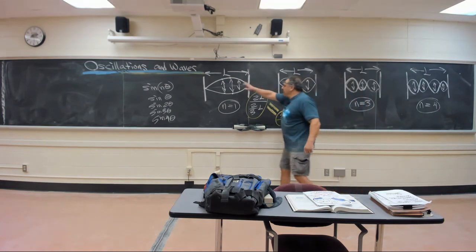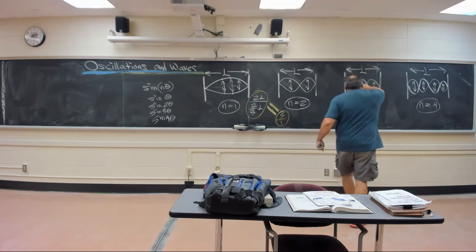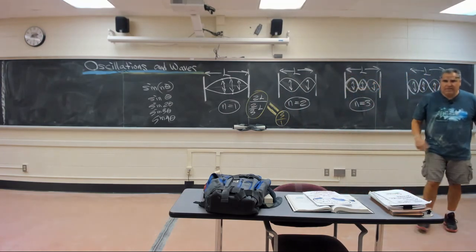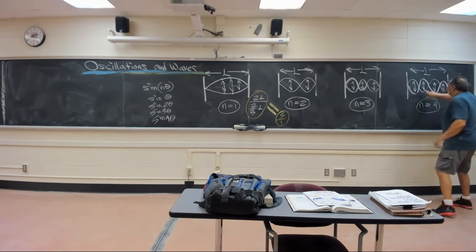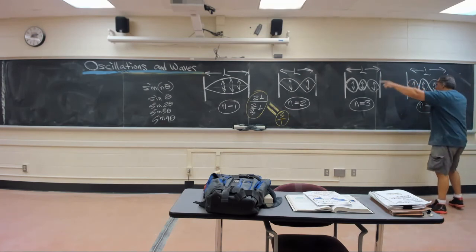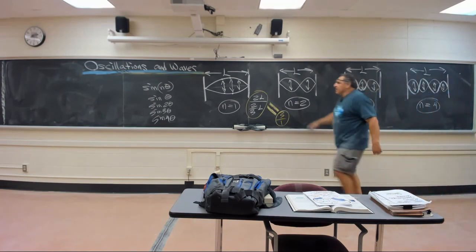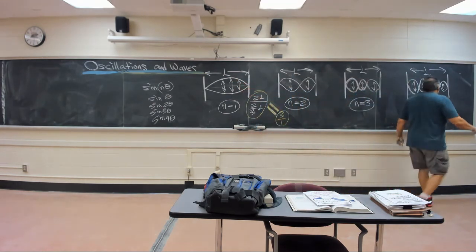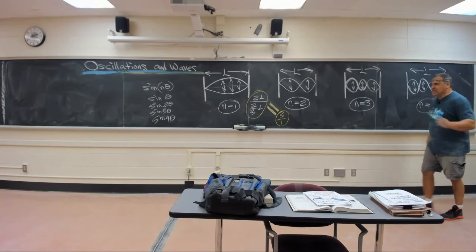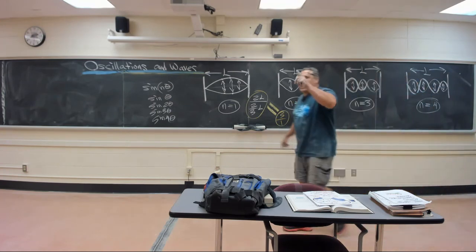This one's wavelength is 3 times longer than that one's wavelength, etc., etc. This one's wavelength is 1/4 as long as the long wavelength, or the long wavelength is 4 times longer than this one's wavelength. Yeah, I know, but they still propagate. They still move. And they move at the same speed.